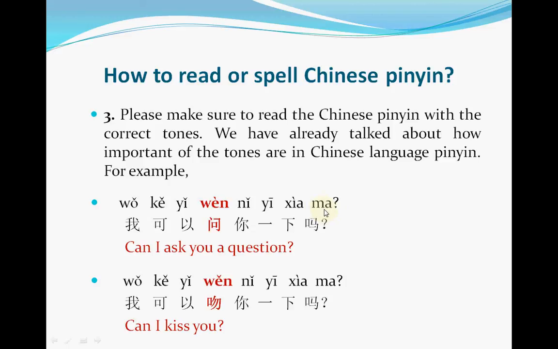This means it is a natural tone, okay? 乌我可以乌吻你西呀下 mo a ma.